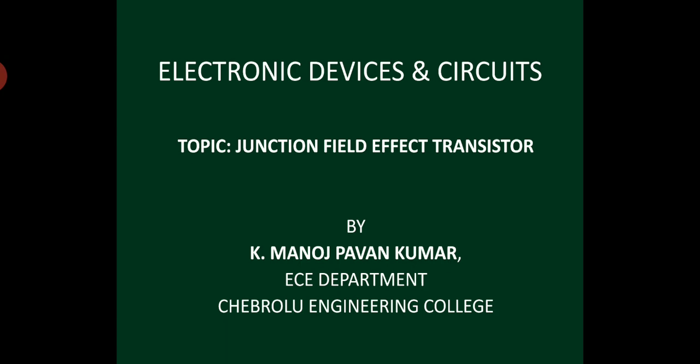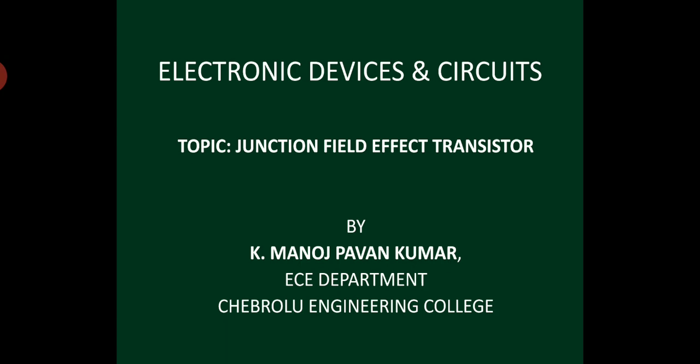Okay. So recall in the previous class, I told you about the family of transistors. Transistors are broadly classified as UJT, unijunction transistor, BJT, bipolar junction transistor, and FET, field effect transistor. BJT is classified as NPN and PNP transistors.